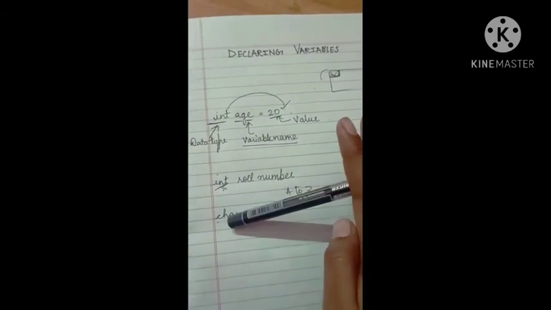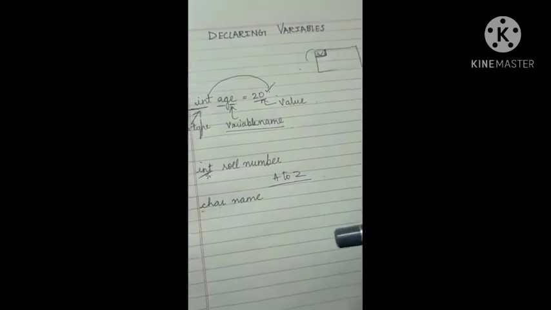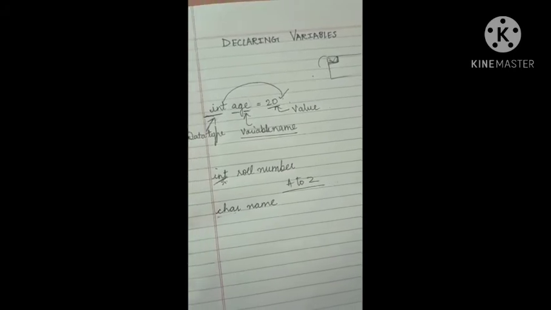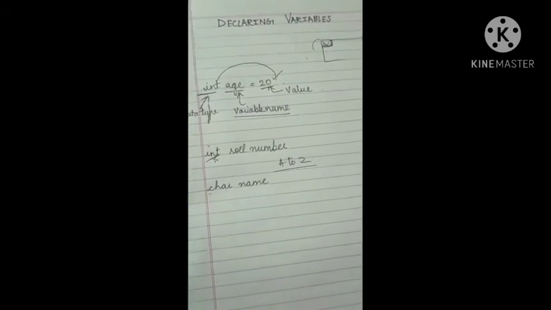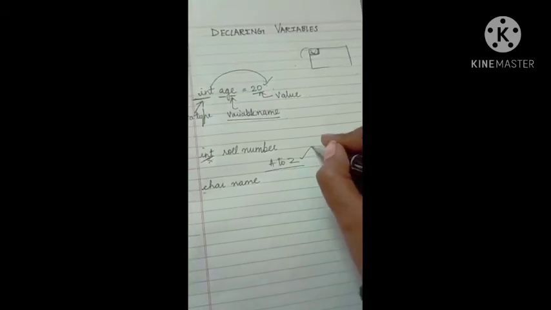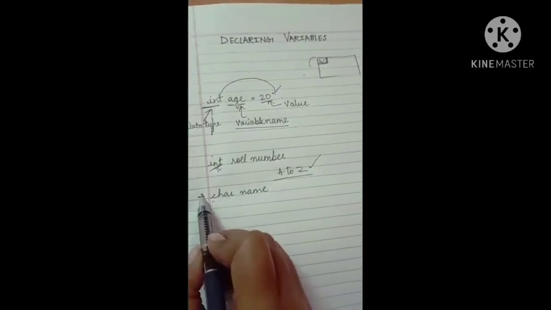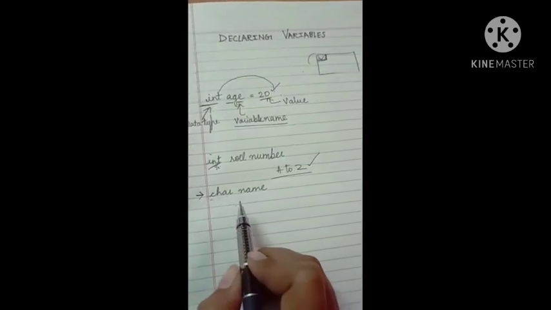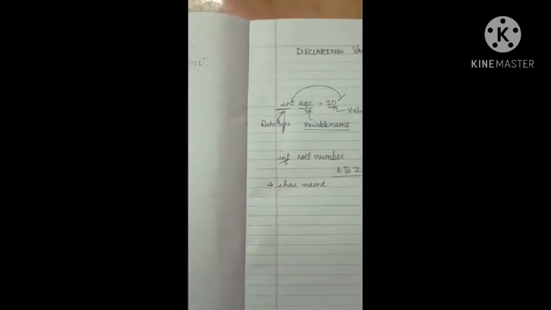So it can store data in letter form or number form. Is it clear? So char name can hold any value containing letters and numbers.